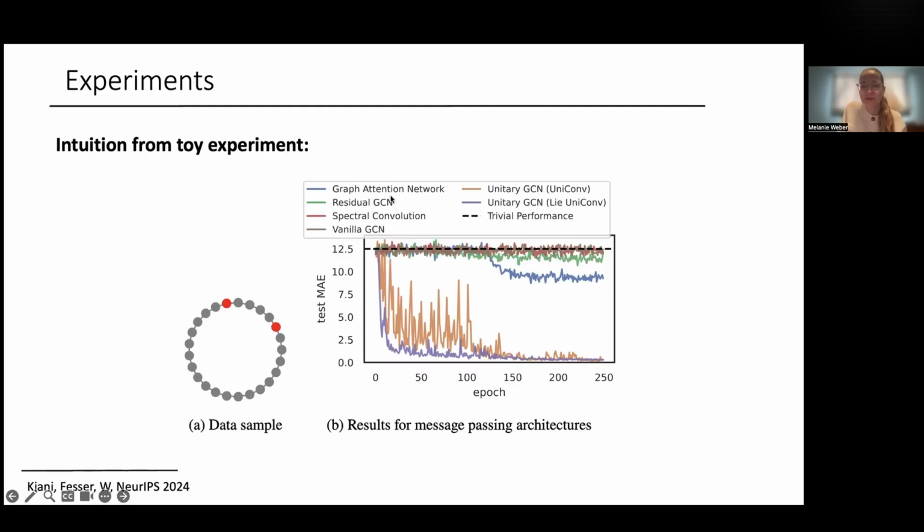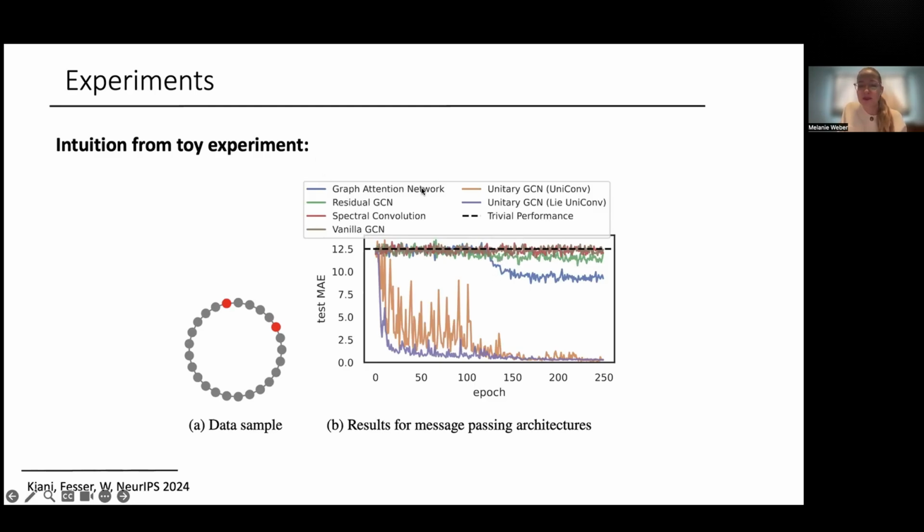So we have a vanilla GCN, for instance, the standard graph convolutions that we saw earlier, which just gets the trivial performance. Even if we put in some common mitigation techniques that have been previously proposed for oversmoothing, such as residual connections, we still, in this particular task, don't get much past the trivial performance.